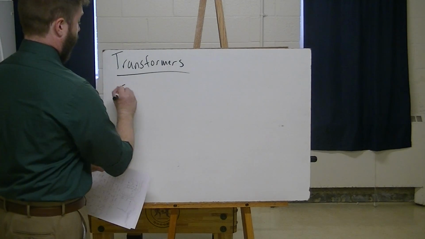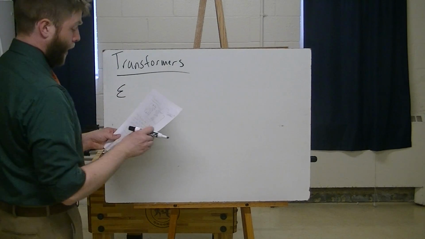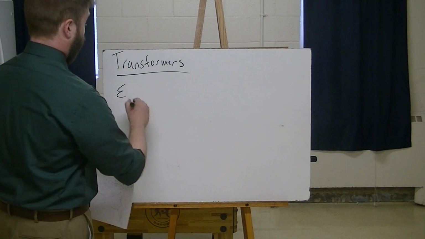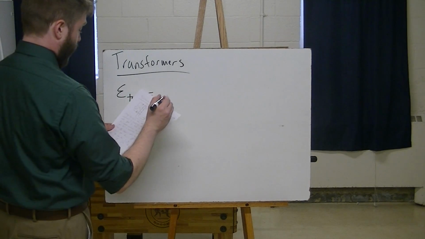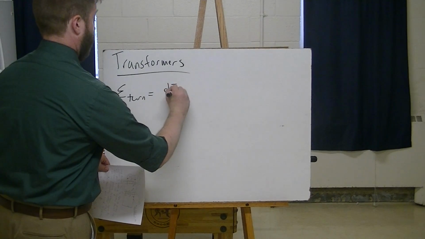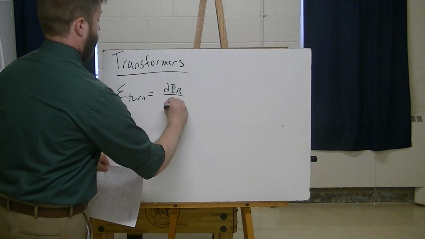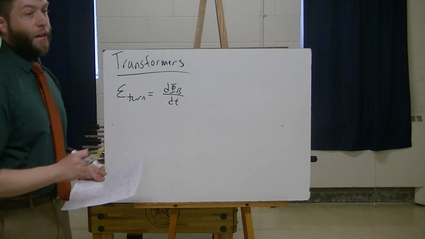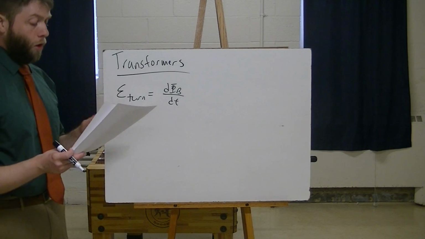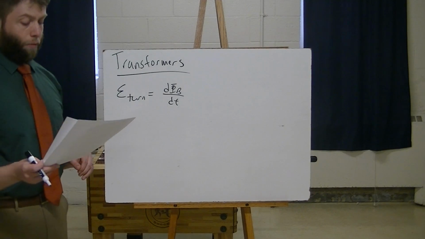We know that we're going to have an induced EMF, and that induced EMF per turn is going to be equal to dΦ_B/dt. So we induce an EMF based off of the changing magnetic flux. We're not worried about the minus sign right now.